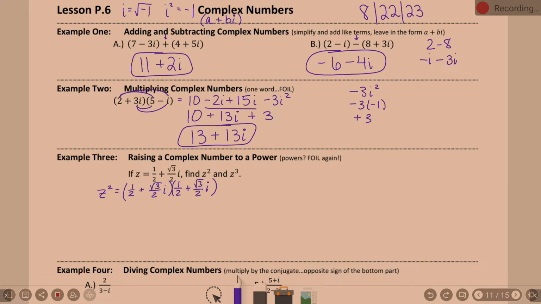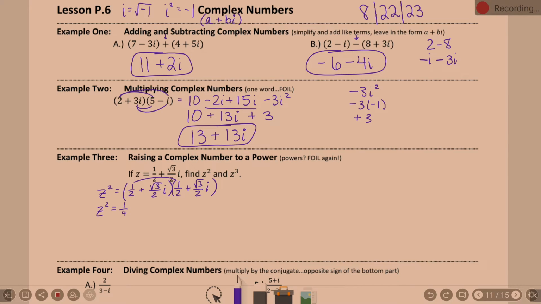Binomial times binomial, so we're going to FOIL. Some foiling fun with these lovely little fractions. As we FOIL, 1/2 times 1/2 is 1 times 1 over 2 times 2.